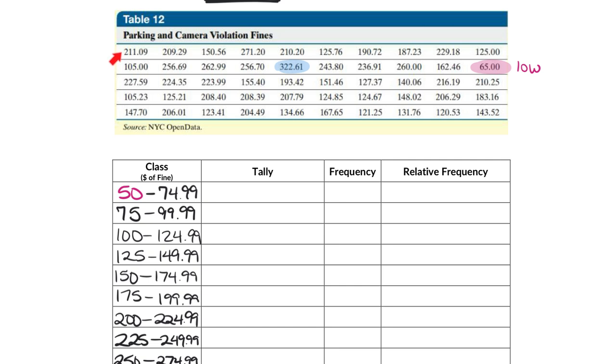Which class does that belong in? Between 200 and 224.99. So our first tally goes down here. I'm going to give you a few minutes to get started. I want you to get as much through this as possible. See if you can get the tally for the frequency and relative frequency ready.